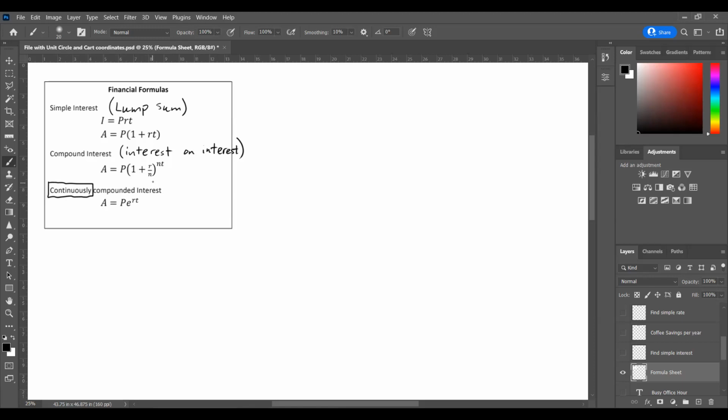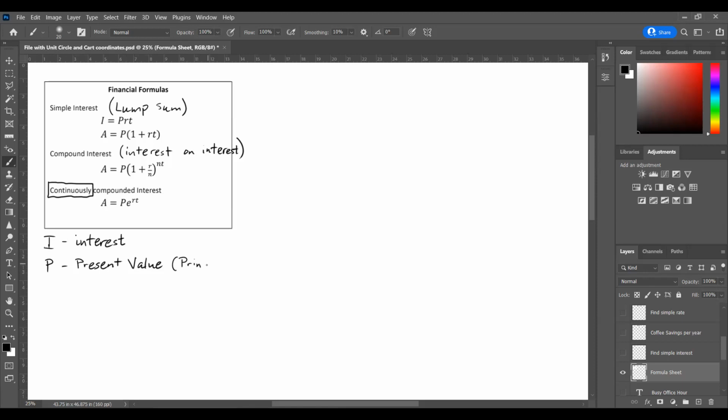So we'll need to state what those values represent. I is the interest. So if you're asked to find the simple interest that has been applied, you would use that I formula. P is present value or the principal. It is how much money is available today.